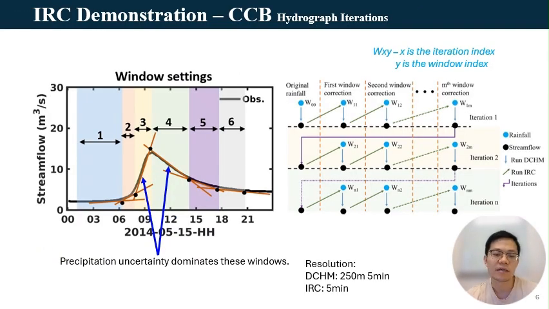We're applying the IRC, or inverse rainfall correction, to the high flows of a flood hydrograph. Essentially, we're assuming the precipitation uncertainty controls the hydrological uncertainty during the high flows. Typically, for a flood hydrograph, we have the base flow regime, then the early rising limb, then the rapid rising limb, then the fast recession and inflection point of the recession curve, and then the slow recession.